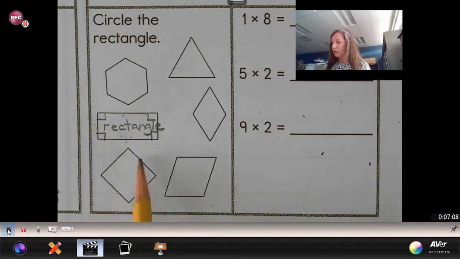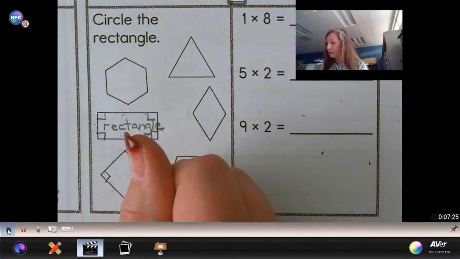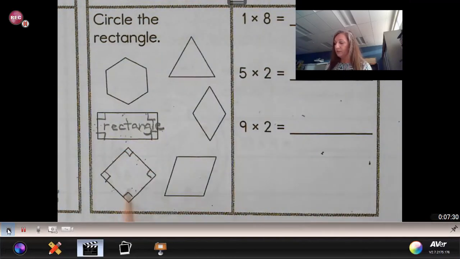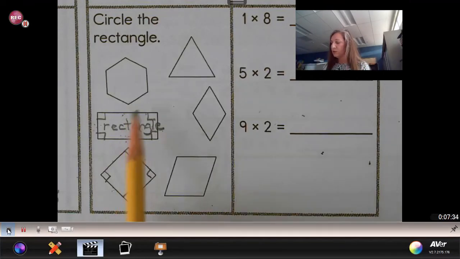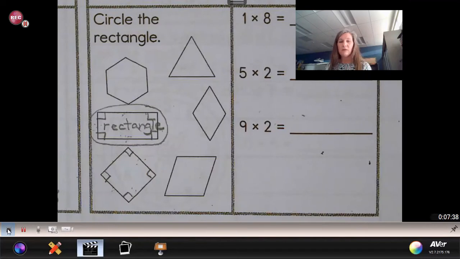Well, a square has 2 pairs of equal sides, but it's special because unlike a rectangle, a square has 4 equal sides, but it still follows the rule of a rectangle having 2 pairs of equal sides and 90-degree angles, which are square corners.